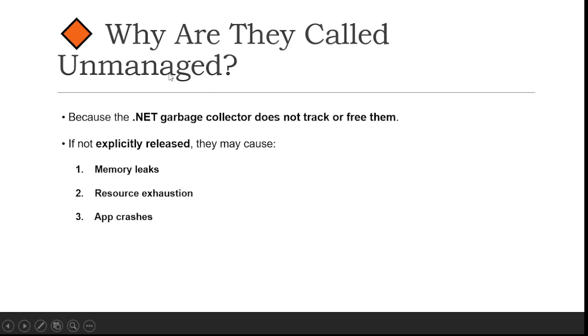Why are they called unmanaged? Because the .NET garbage collector does not track or free them. So those libraries or resources or code which were written outside the .NET environment, outside the .NET language and .NET framework, which do not come within .NET, are not tracked by the garbage collector or CLR, so they cannot be freed with the help of the garbage collector.